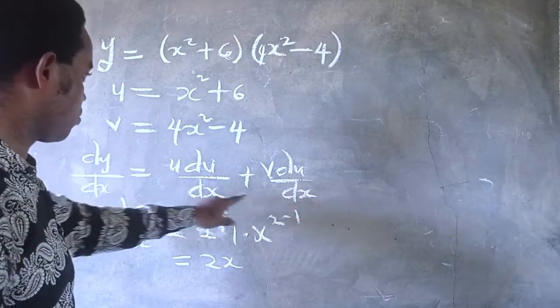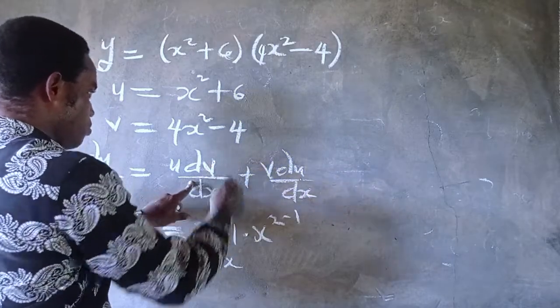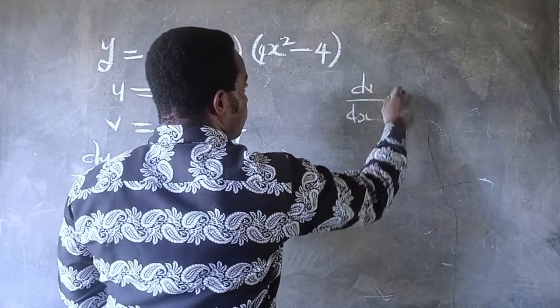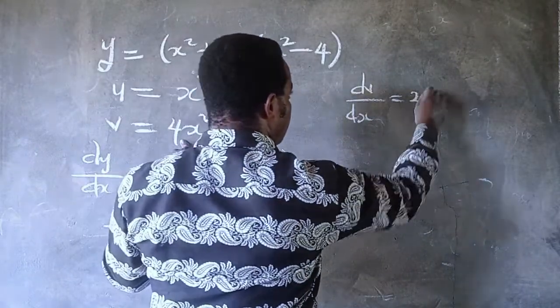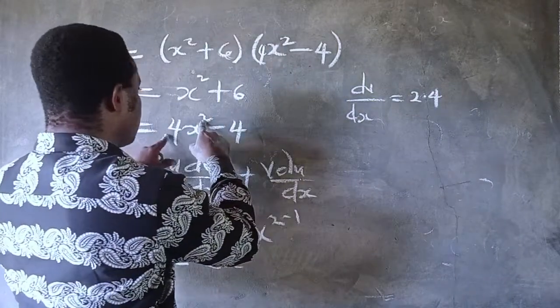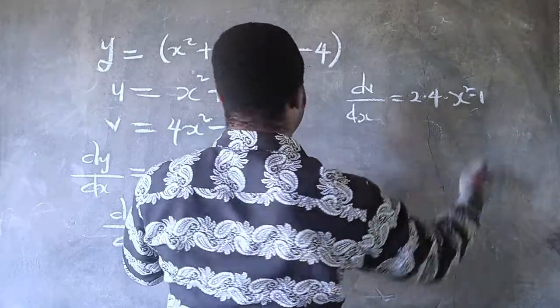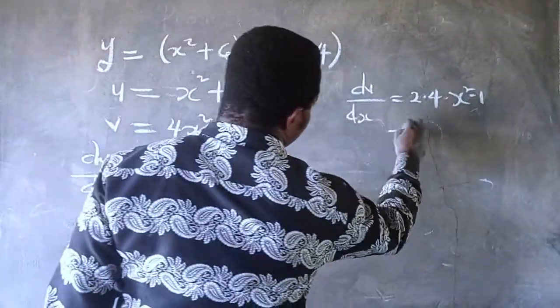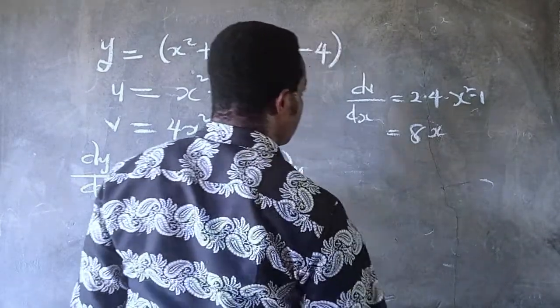Now we also need dv/dx, which is the derivative of v with respect to x. So what would that be? That would be 2 multiplied by 4 and multiplied by x raised to the power 2 minus 1. Okay, that's going to be 8x.